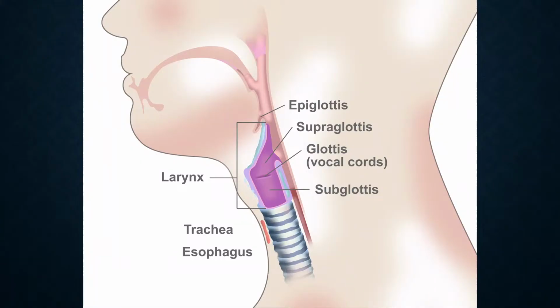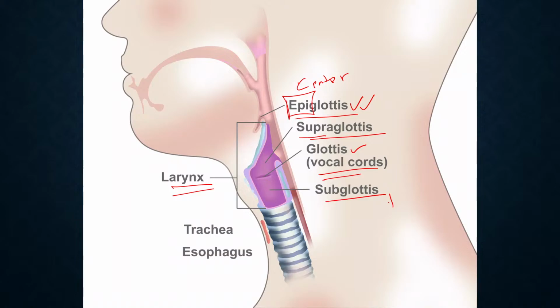So this one here is the larynx, and it is also divided into parts. We have the epiglottis, we have the vocal cords, the glottis, and we have the supraglottis and subglottis. The epi simply means center, so the center of the glottis is the epiglottis.